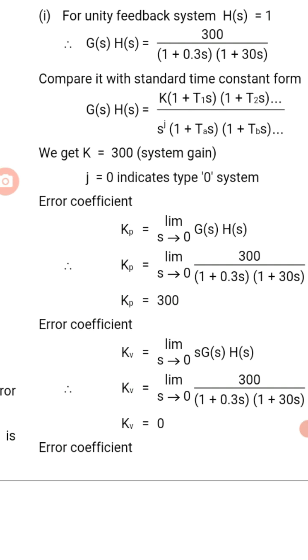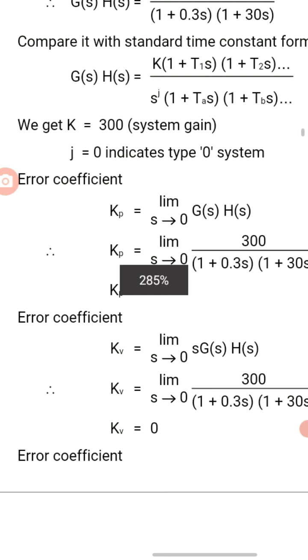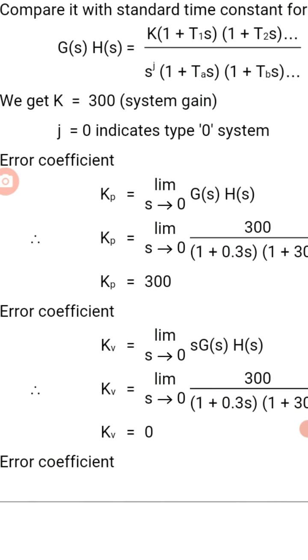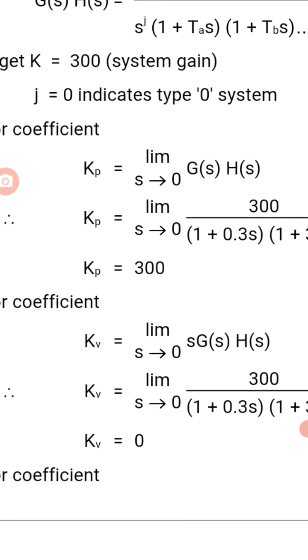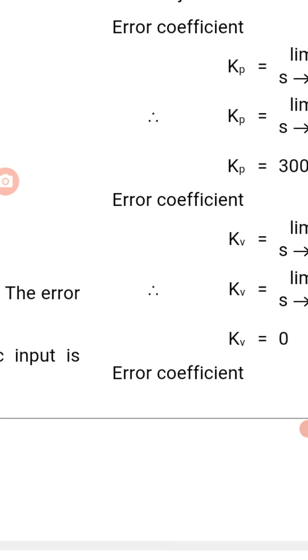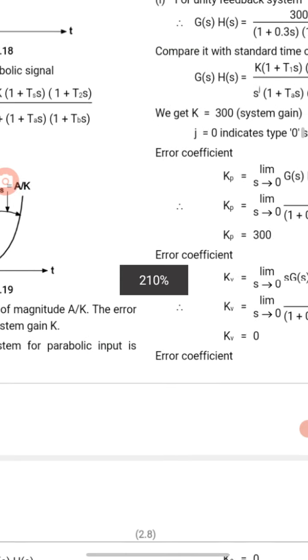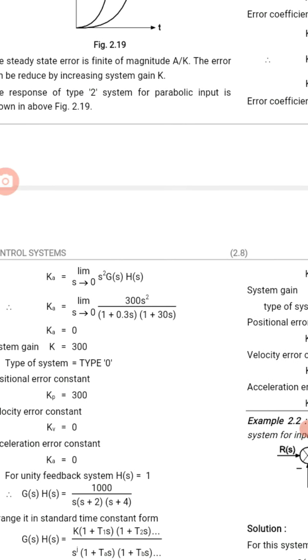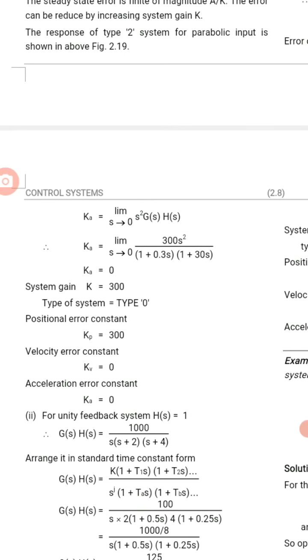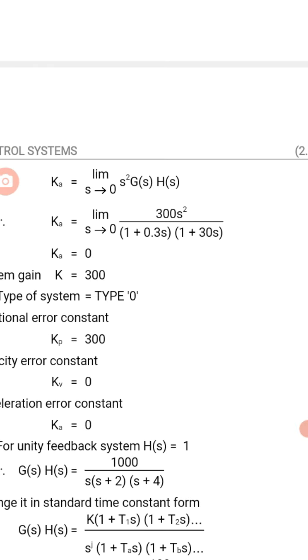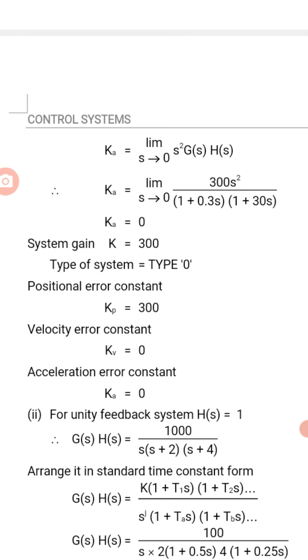Error coefficient Kv is equal to limit S tends to 0 of S into G of S into H of S. As S tends to 0, Kv is equal to 0. Now Ka in the same way is equal to limit S tends to 0 of S square into G of S into H of S. So Ka is equal to 0.